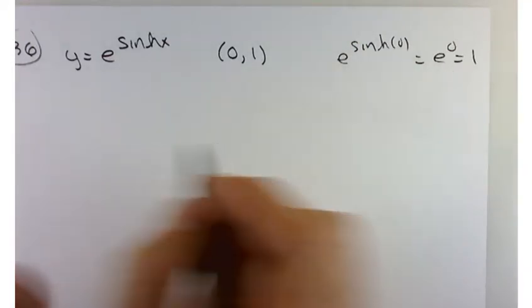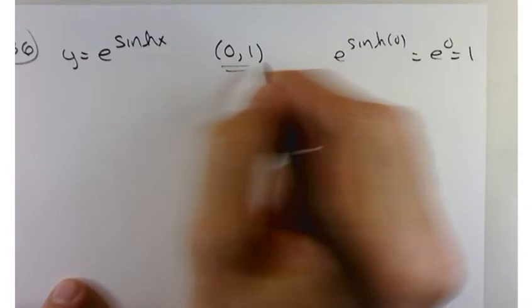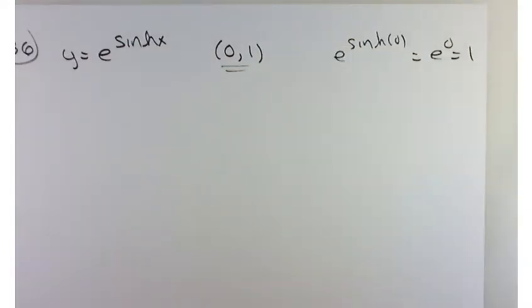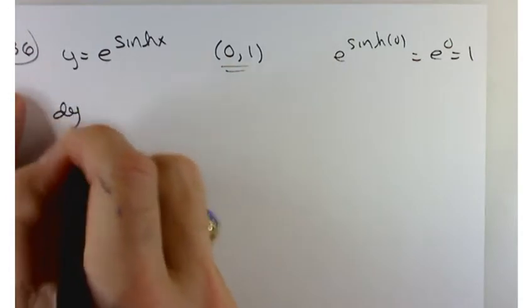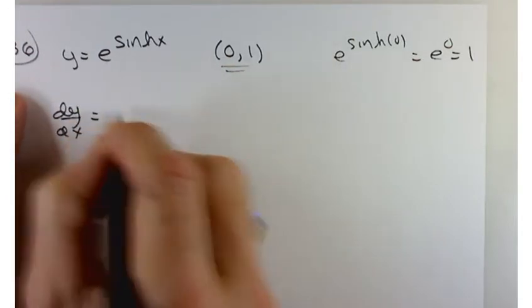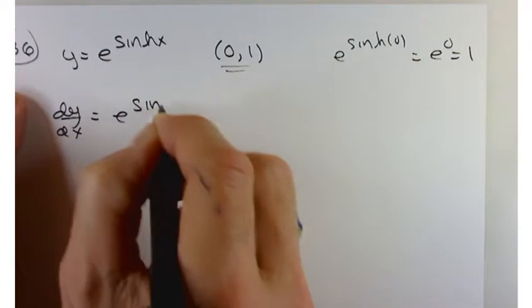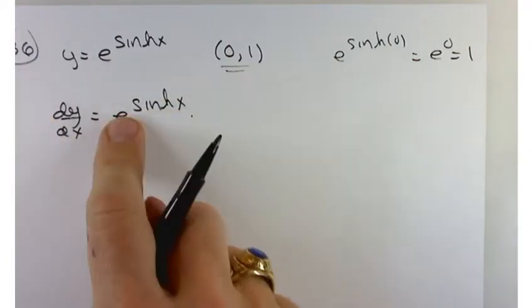Let's see here. So what else do I need? I've got a point. What's the last ingredient I need to find the equation of a tangent line? Yeah, slope. I need the slope of the tangent line. So the derivative here, dy by dx, is going to be e to the sinh of x times what?